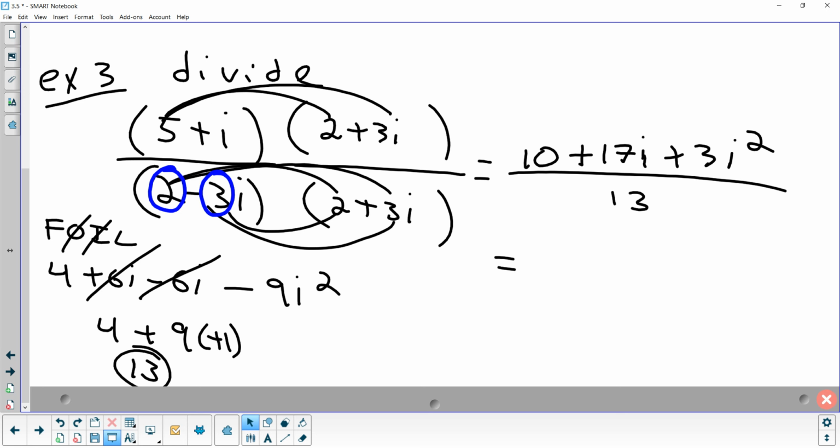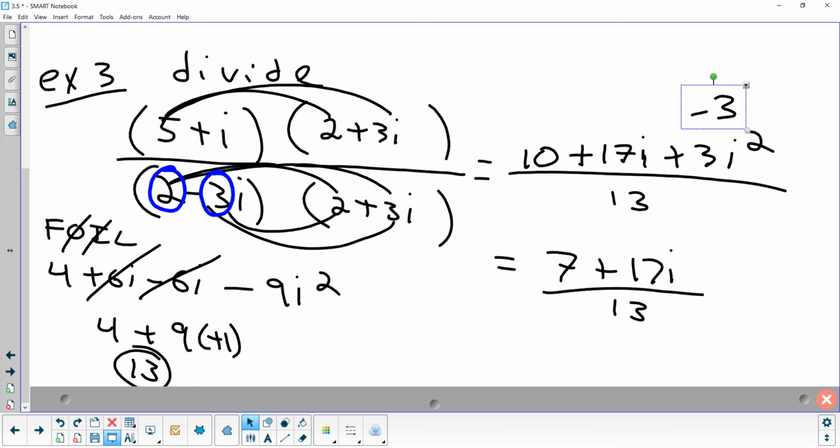Let's write up above what 3i squared really is. Jack, what does 3 times i squared come out to? Negative 3. Right, so this is really a negative 3. And when we combine that with a 10, 10 and minus 3 gives me 7 plus 17i over 13.